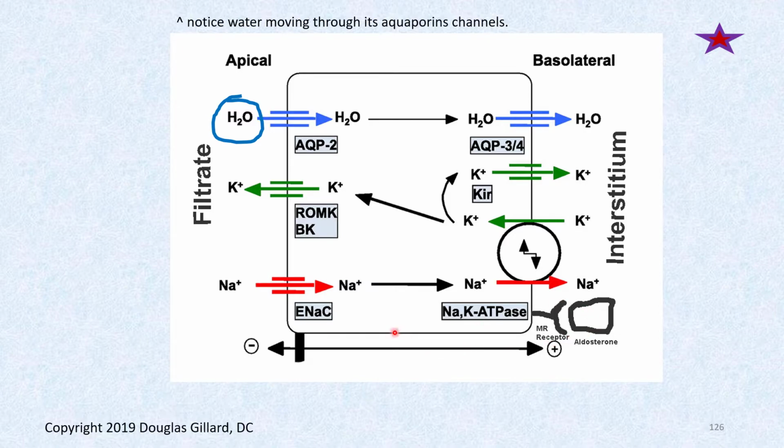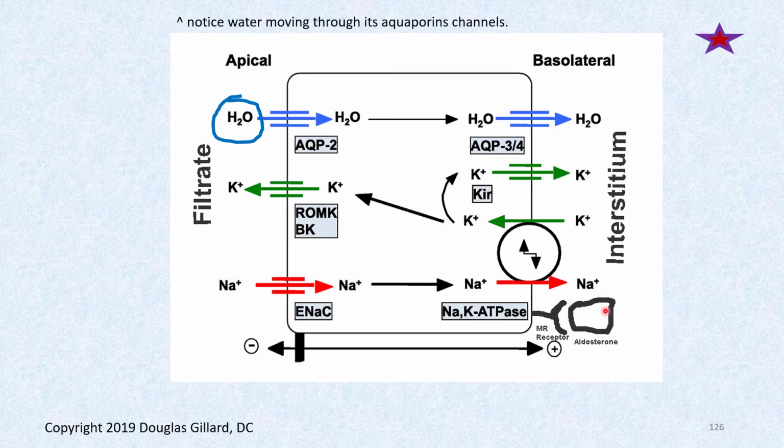Here's another little cartoon, and we have sodium coming in here, but the key of this one is there's an aquaporin 2 channel coming in, and then aquaporin 2 is going out as well. I believe we have slides coming down the road, kind of scattered.